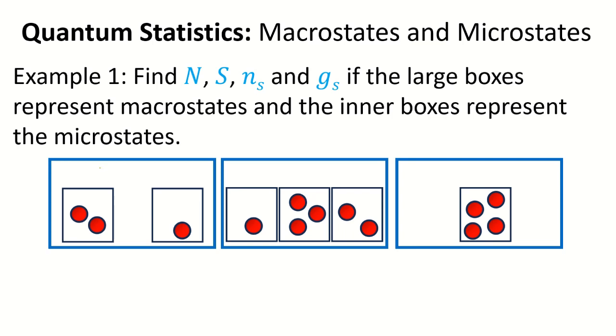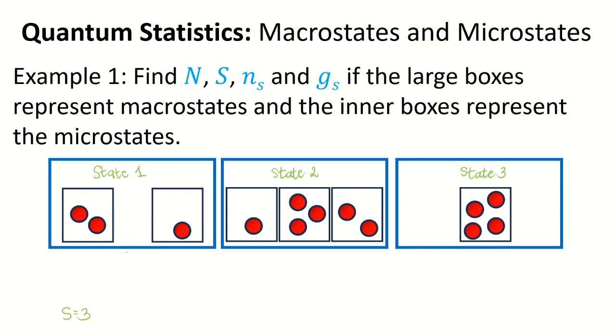So let's say for box 1, this is state 1 or macrostate 1. Box 2 is macrostate 2. And box 3 is macrostate 3. So we have S, capital S is equivalent to 3.